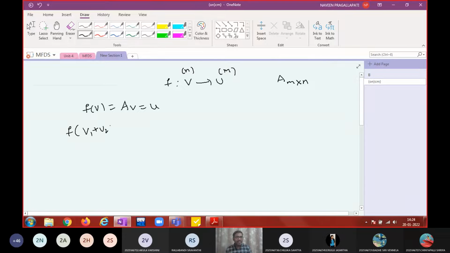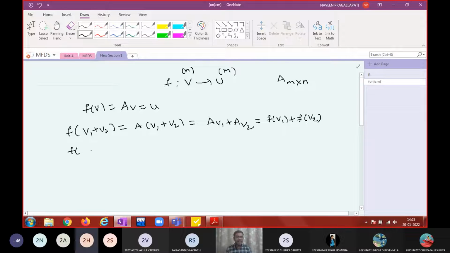So what is f of v1 plus v2? f of v1 plus v2 is A into v1 plus v2 by the definition of this function. You know, matrix multiplication is distributive, therefore I can write it as A v1 plus A v2. So A v1 plus A v2 is nothing but f of v1 plus f of v2.